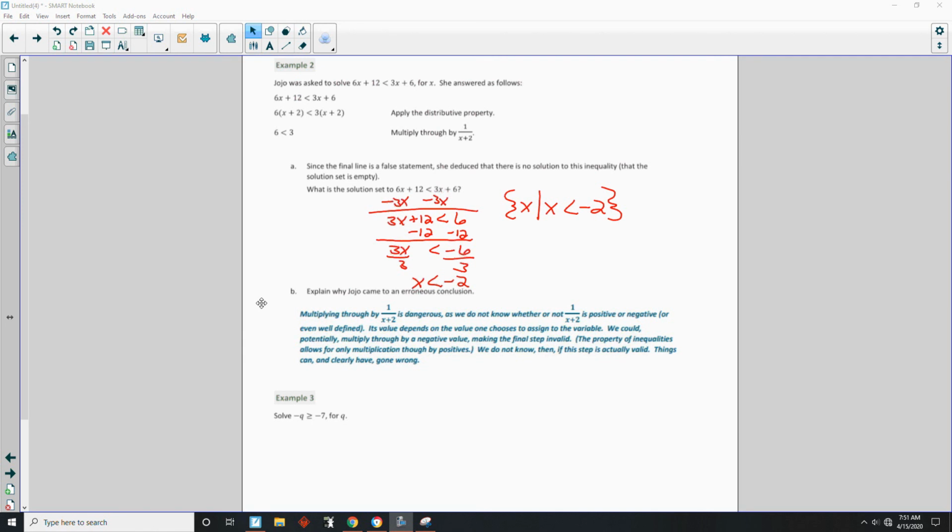Negative 2 makes it undefined. Its value depends on the value one chooses to assign to the variable. We could potentially multiply through by a negative value, making the final step invalid because of the inequality not getting flipped. The property of inequalities allows for only multiplication through by positives. We do not know then if this step is actually valid. Things can and clearly have gone wrong.